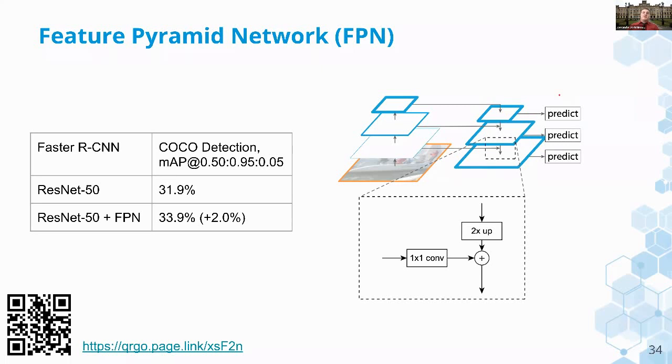FPN adds a moderate overhead to modern object detection models while increasing their performance by 2% on the COCO dataset. And this 2% mostly comes from detecting small objects that are smaller than 32 by 32 pixels.